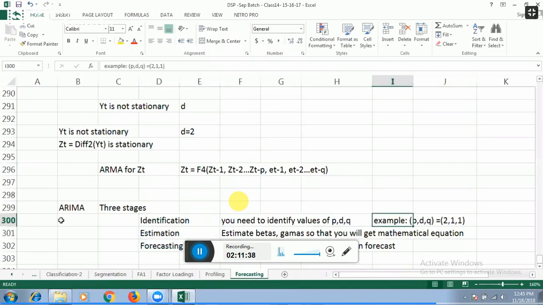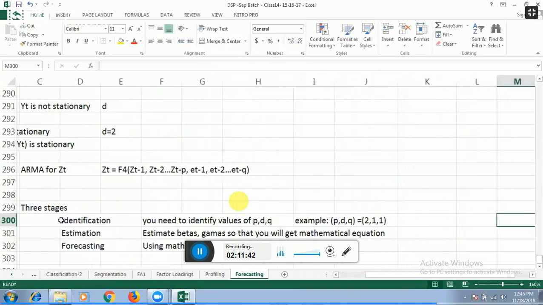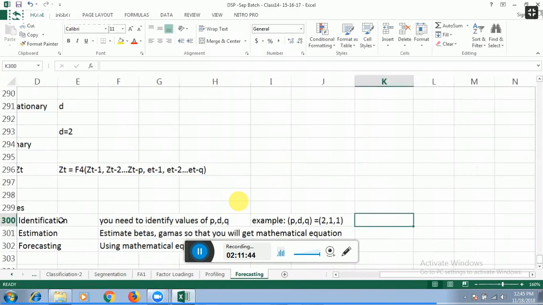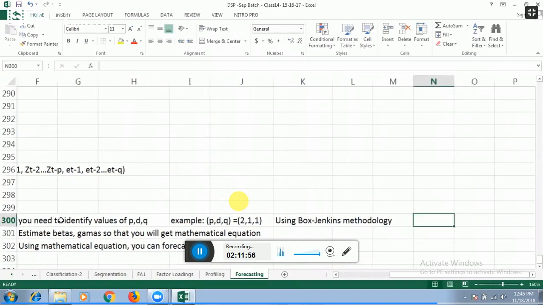Now, the most important thing is identifying the PDQ values. There are 2 approaches. One approach is using a methodology called the Box-Jenkins methodology. Another way is what we call a grid search. For different combinations of PDQ, build different models, and whichever model gives the minimum AIC value.